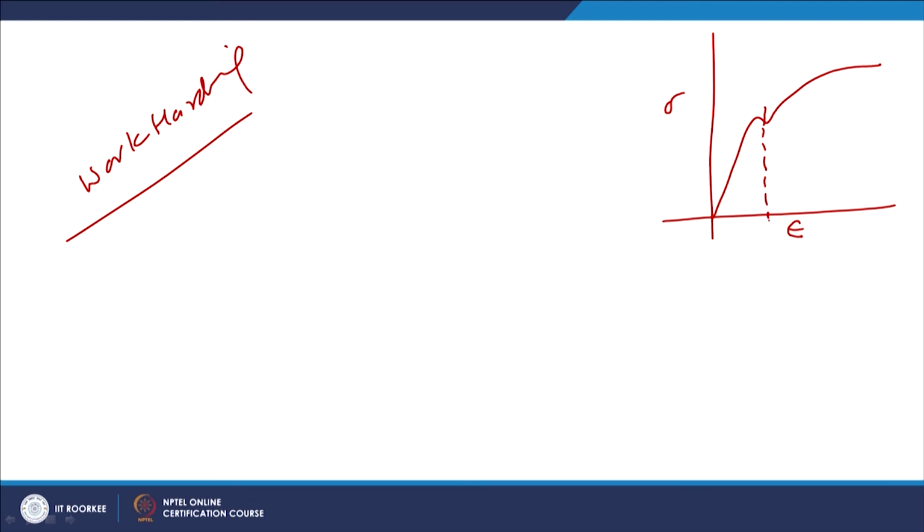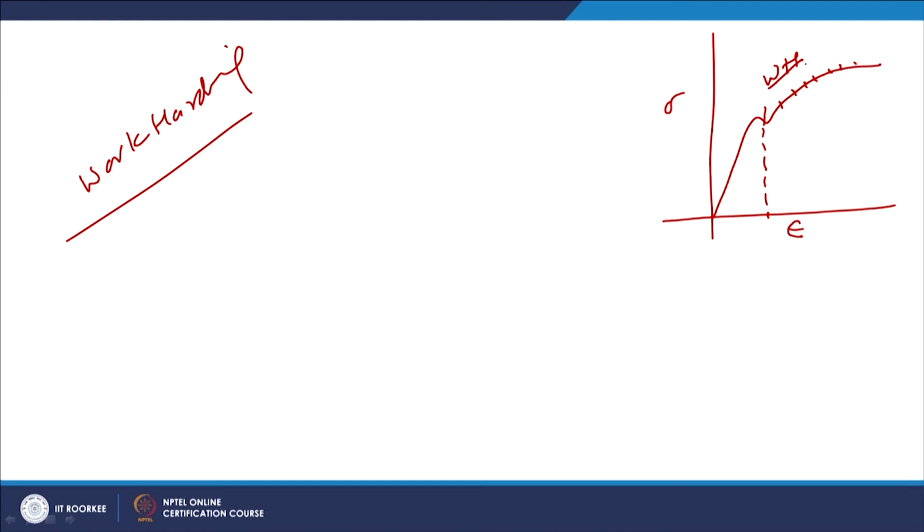So, this is the elastic strain, and beyond this there will be plastic strain. Once the plastic deformation sets in, there is a continuous increase in the stress required to cause further deformation. So, increasing stress requirement to cause further strain is attributed to the work hardening of the material.